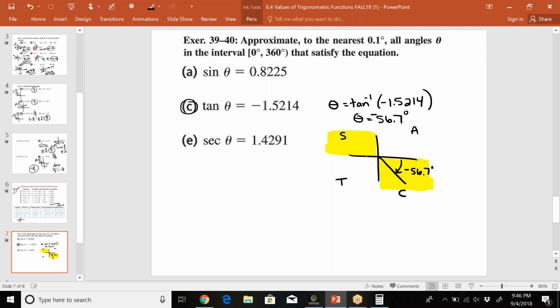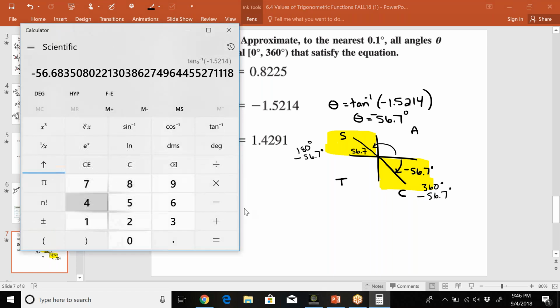So this is going to be our reference angle, since it's measured from the x-axis to the line, for this over here as well. Okay, so what we have to figure out is, how do these angles measure from 0? So for the first one up here, this is 180 degrees minus 56.7. This one is going to be 360 minus the 56.7. We're just trying to figure out that difference in the angle.